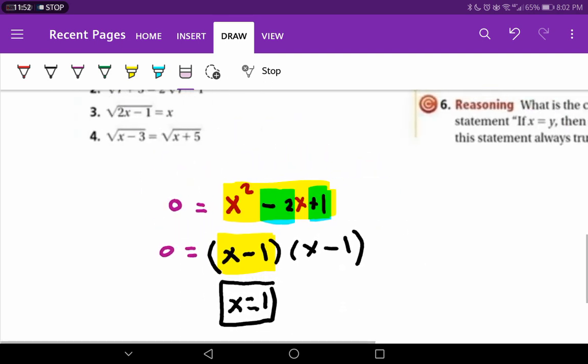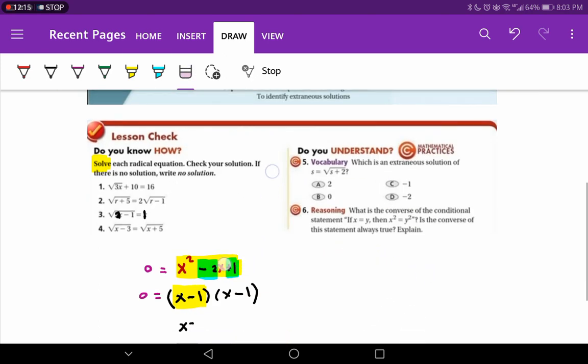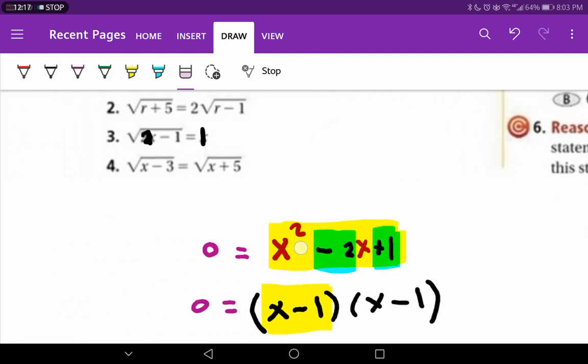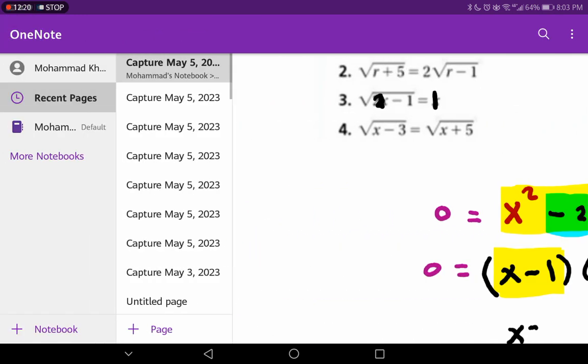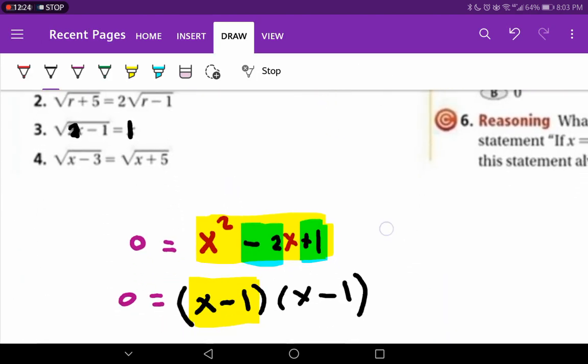If you don't believe me, go and call 911 or put the 1 instead of x. 2 multiplied by 1 gives 2. 2 minus 1 gives 1, and here put 1 instead of x. Okay, let me be clear with you. So the answer is x equals 1.